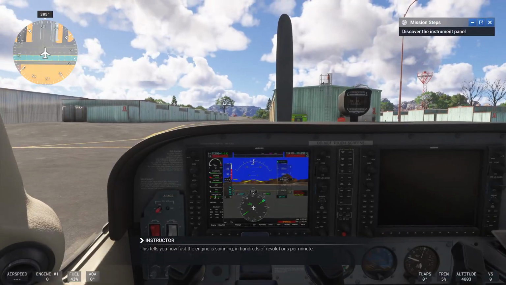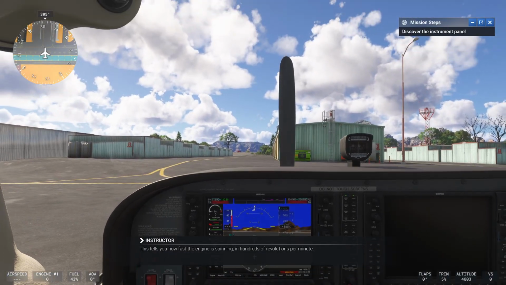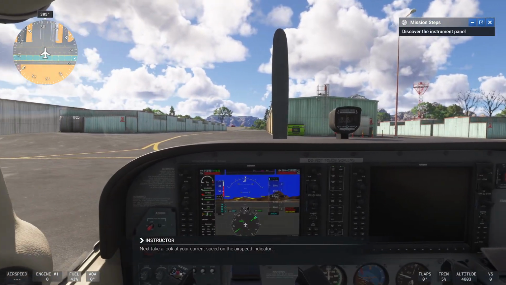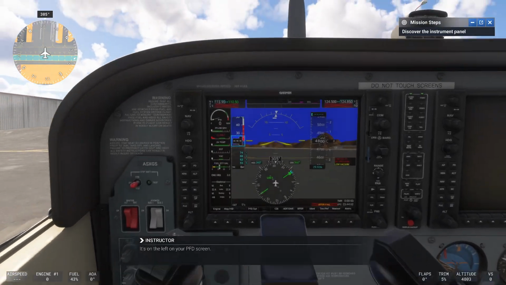This tells you how fast the engine is spinning in hundreds of revolutions per minute. Next, take a look at your current speed on the airspeed indicator. It's on the left on your PFD screen.